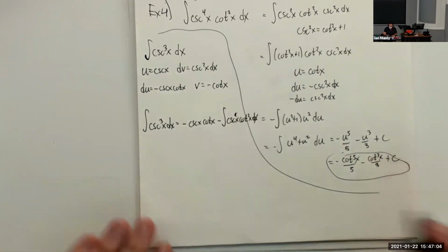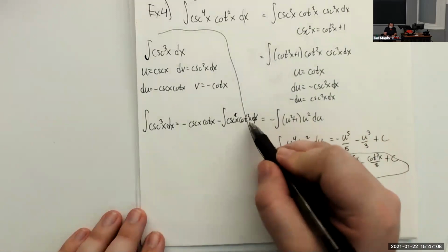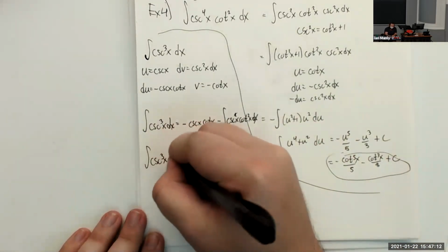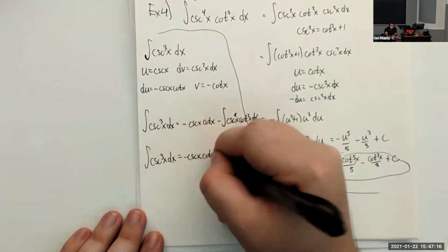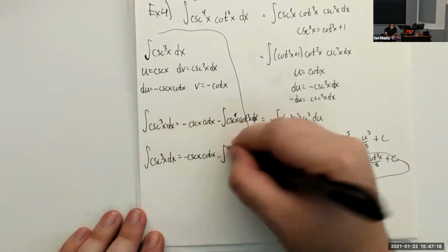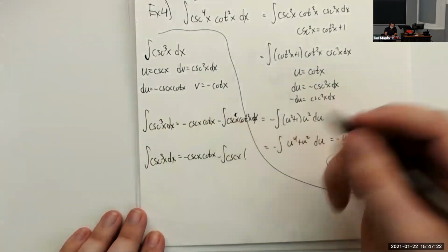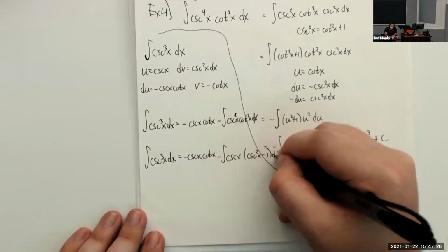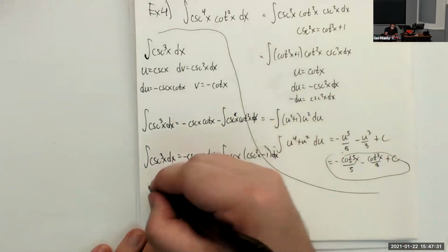All righty. So now cotangent squared right here is going to turn into cosecants. Okay. So cotangent squared is going to be cosecant squared minus 1.